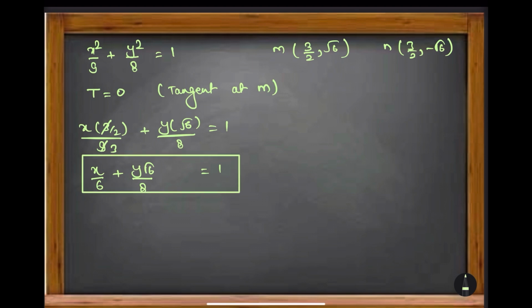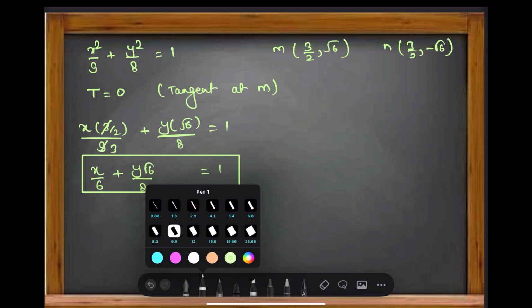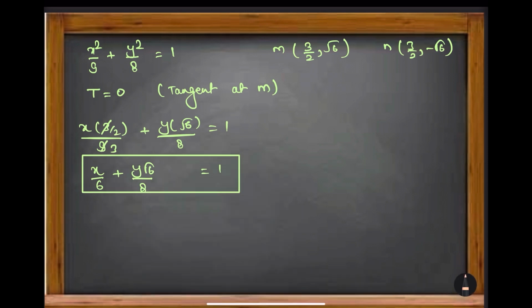Okay, now we want the second tangent at N. So T equals to 0. This is the tangent at N. So it is again T equals to 0.